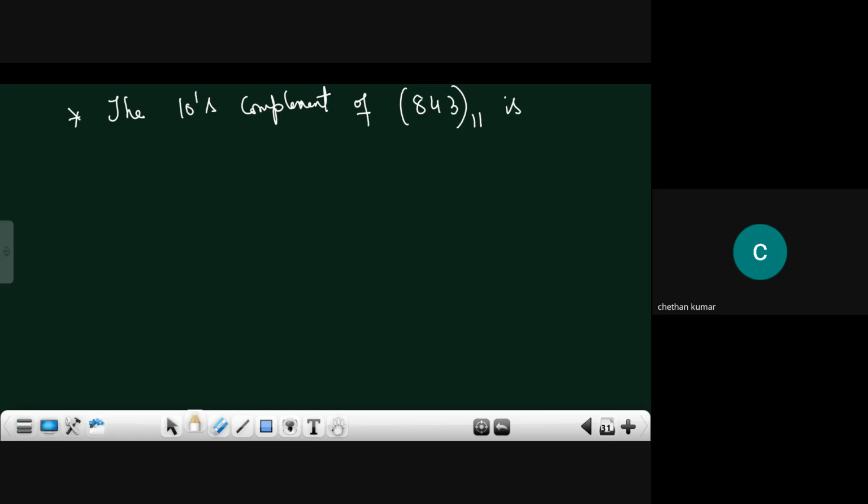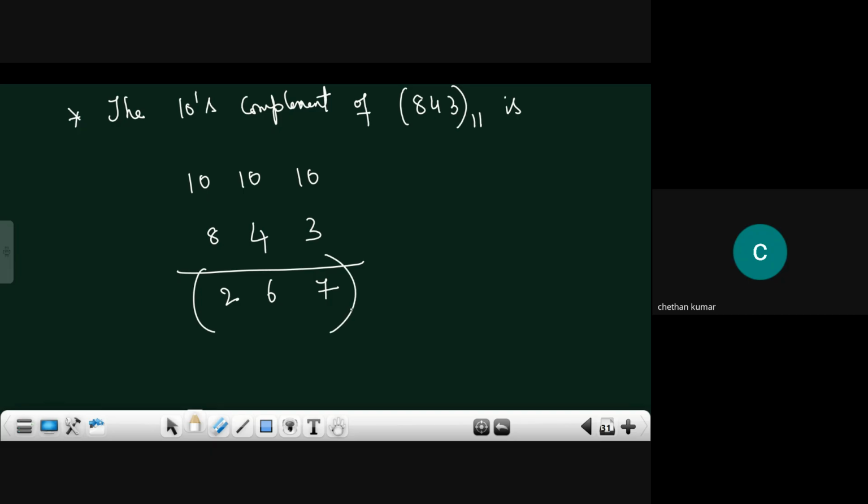So in this question, what do I need to do? How to get the 10's complement? Each digit will be subtracted by what? Is it 11 or 10? 10. So each digit is subtracted from 10. So you will get the result: this is 7, this is 6, this is nothing but 2.